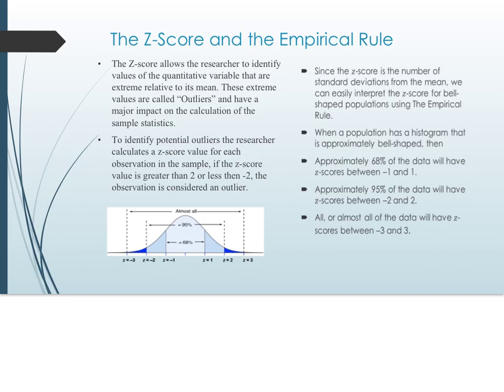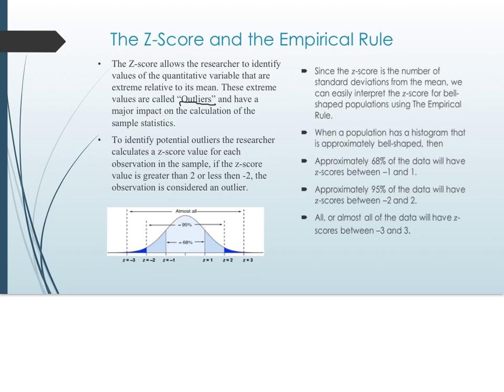So we want to compare the z-score with the empirical rule, and this is going to be important especially for normal data sets. The z-score allows the researcher to identify values of the quantitative variable that are extreme relative to its mean. These extreme values are called outliers, and we're going to use that term a lot in this semester. So that's one of the terms that you want to hold on to.